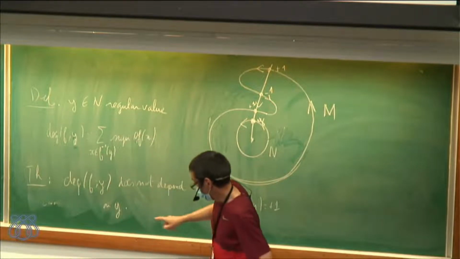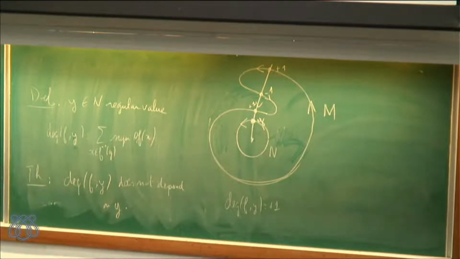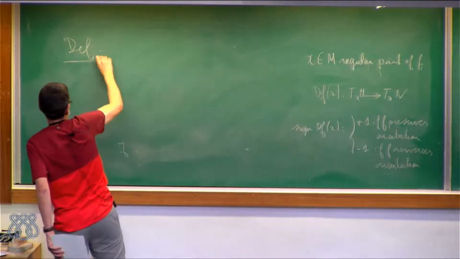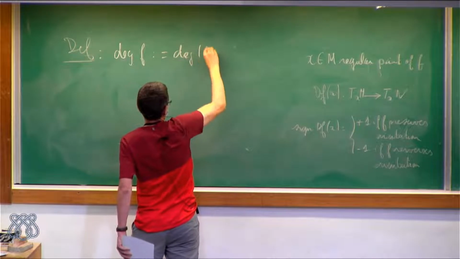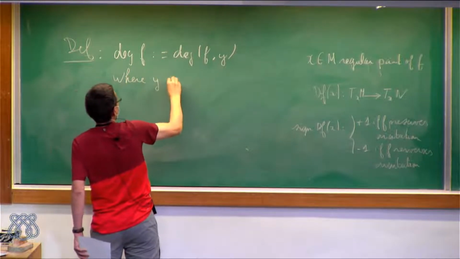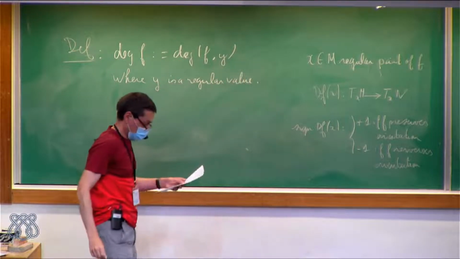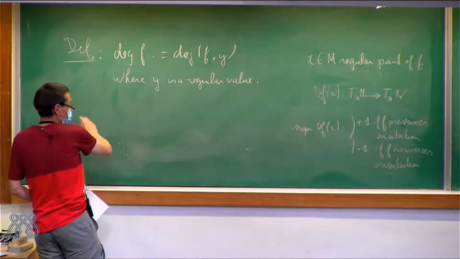And we call it the Brouwer degree, or the mapping degree, or the topological degree of F. So definition: the degree of F is just the degree of F at any regular value of F. Okay, so one property, first property, which is very important.